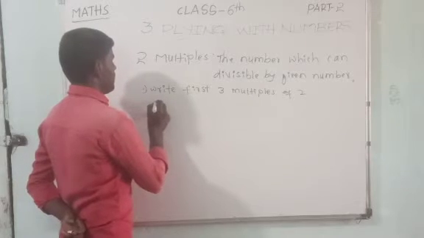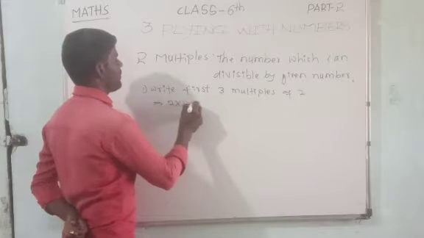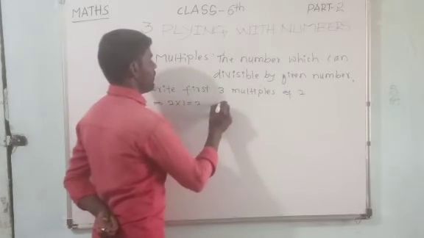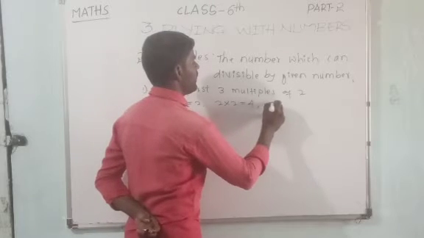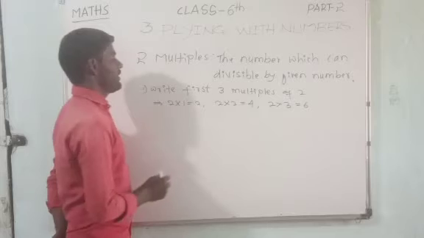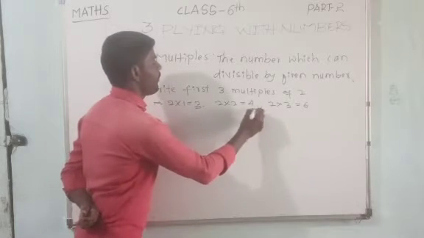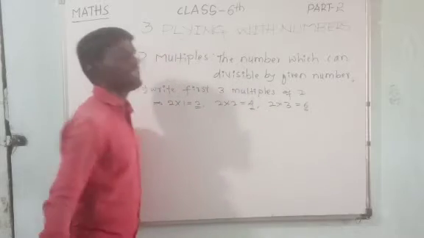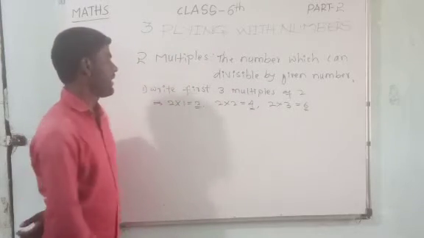Solution: 2 into 1 is equal to 2, then 2 into 2 is equal to 4, then 2 into 3 is equal to 6. Here 2, 4 and 6 are the first three multiples of 2.